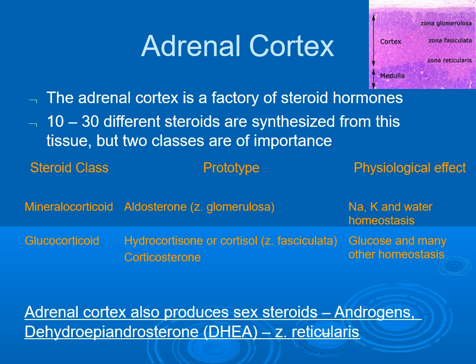The first is the mineralocorticoid class, and the prototype is aldosterone, secreted from zona glomerulosa. Second is glucocorticoid, the prototype is hydrocortisone or cortisol, secreted from zona fasciculata. The adrenal cortex also produces sex steroids like androgens, dehydroepiandrosterone, from the zona reticularis.